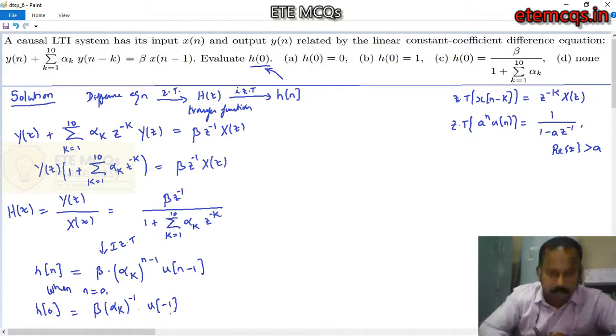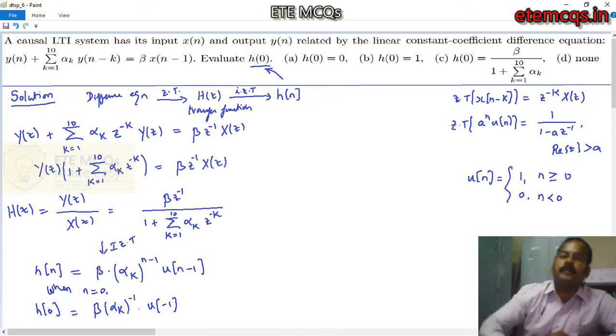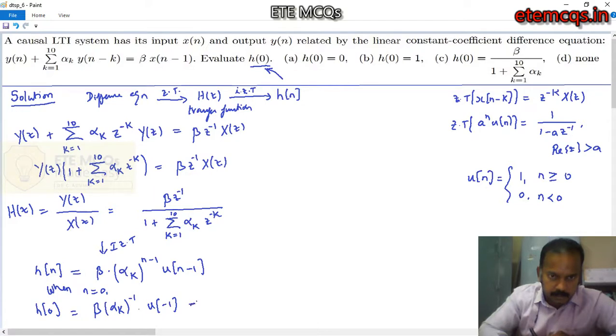U of minus 1 is always 0, because u of n is the discrete time unit step sequence, which is equal to 1 for n greater than or equal to 0 and 0 for n less than 0. So u of minus 1 is 0, and this term altogether becomes 0. Finally, you get h of 0 is equal to 0. This is one possible way of solving it.